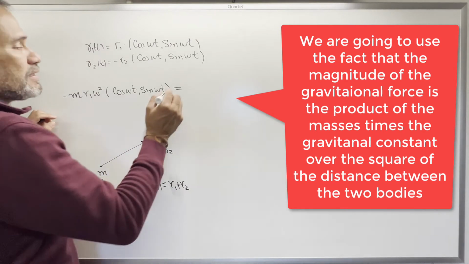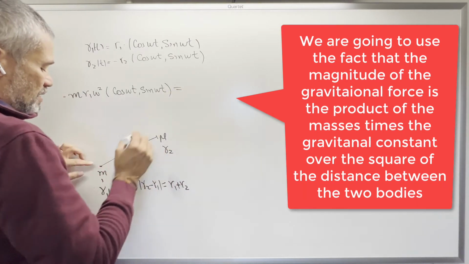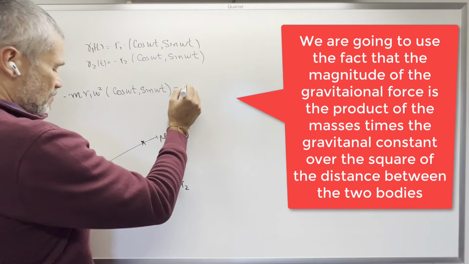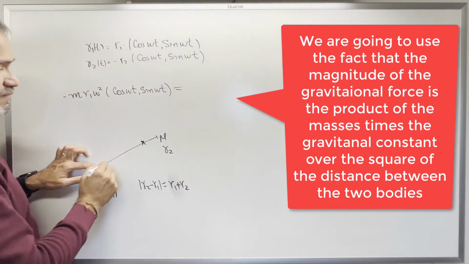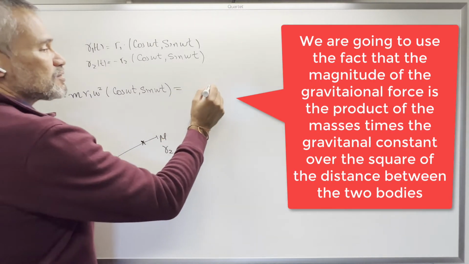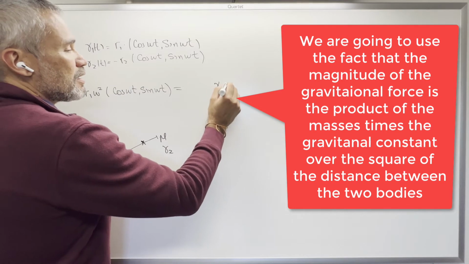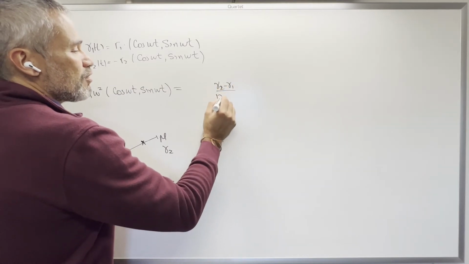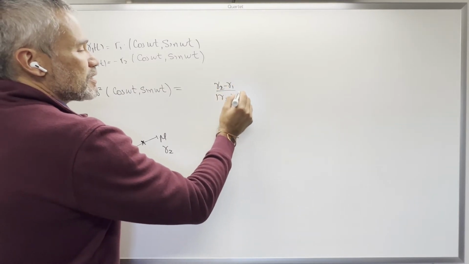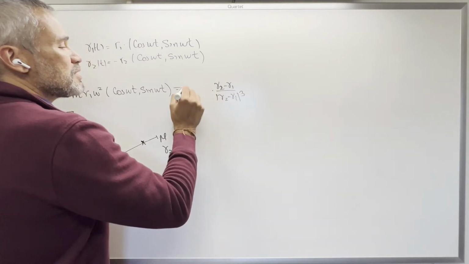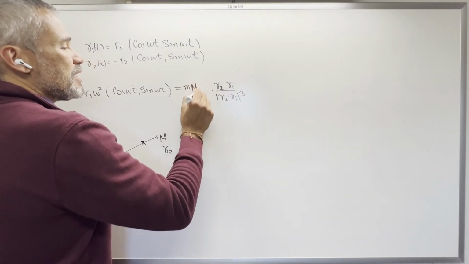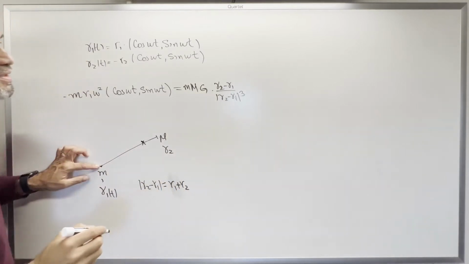Then it will be this vector, which is gamma 2 minus gamma 1 over the norm of gamma 2 minus gamma 1 cubed times M times the gravitational constant.